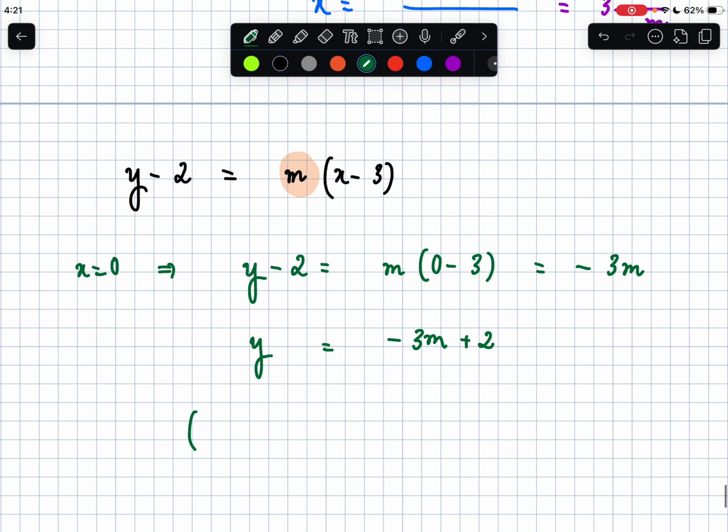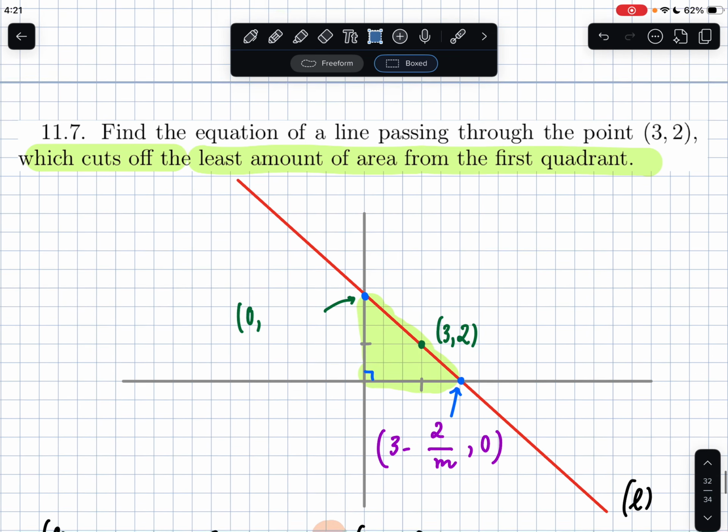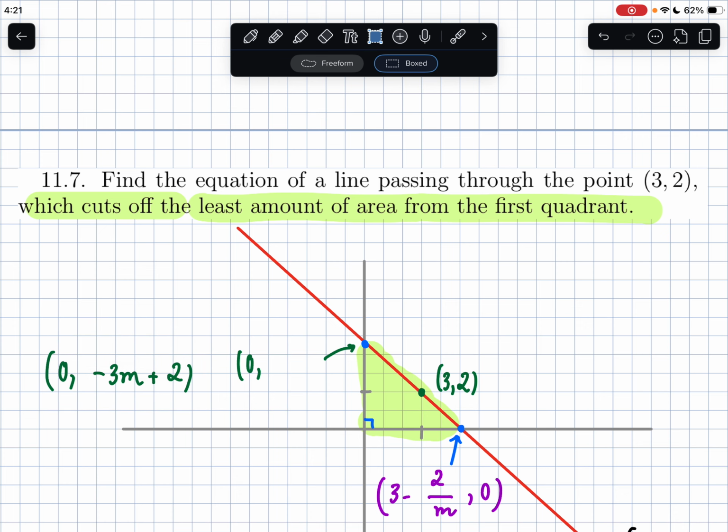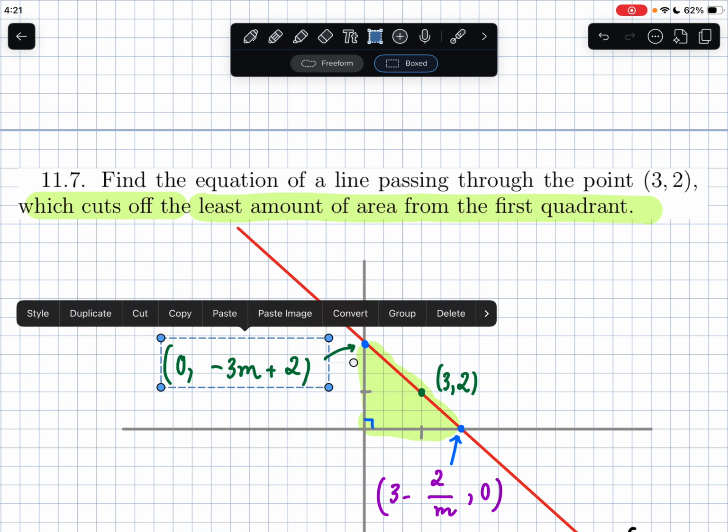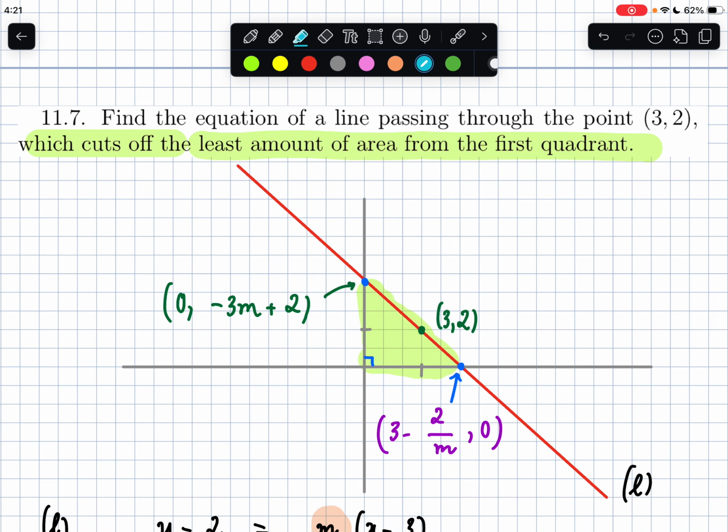So the point has the coordinates (0, minus 3m plus 2). This is the coordinates of the second point. Now you know what x and y are. This is one length, this is the other length. With the two lengths we know, we can compute the area.